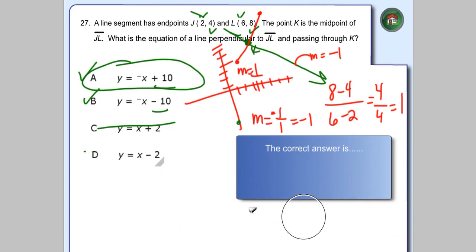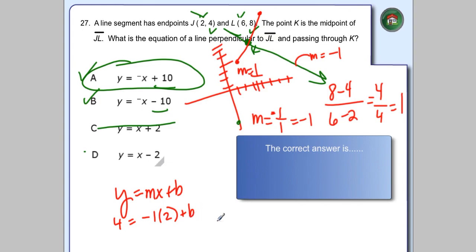Then to find the equation, you would write y equals mx plus b. The slope is negative 1, and take one of these ordered pairs, 2 and 4. Oh, I'm sorry. You wouldn't take one of these ordered pairs. You would take the midpoint ordered pair, which I just erased.